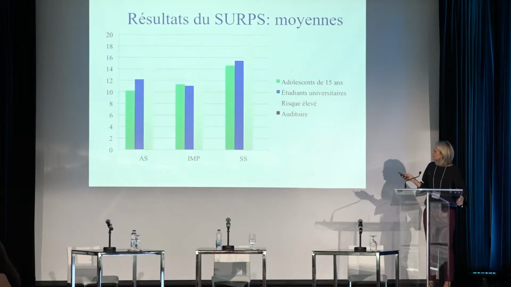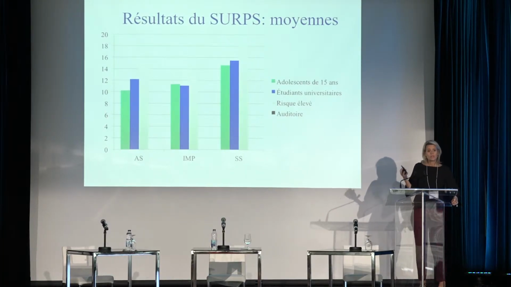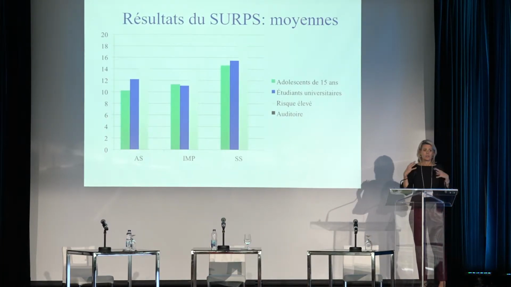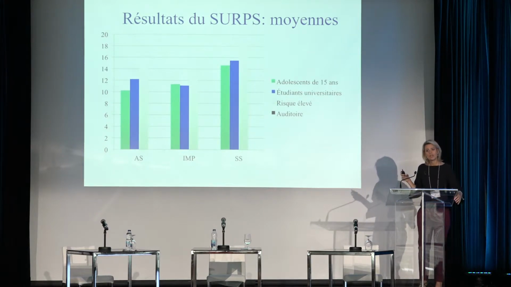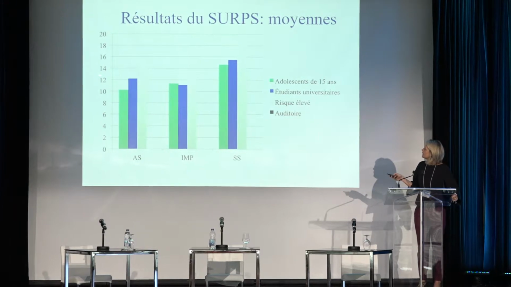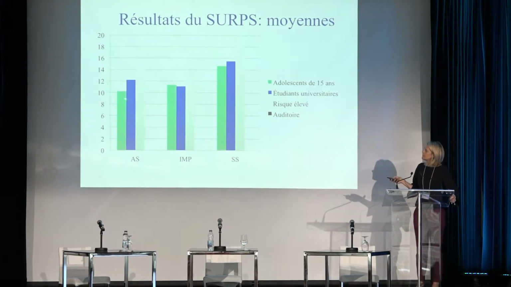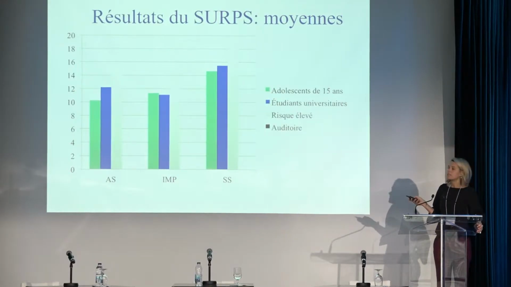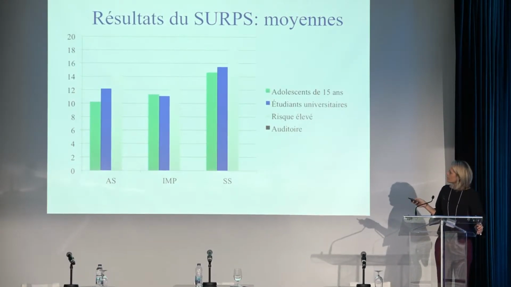So I'll get back to you with your results, but just to continue my presentation, you can see that we have standards that were established with cohorts of thousands of youth and adults. And you can see the standards here for the adolescents who are 15. We can give you also standards for adolescents who are 12 years old, university students here, averages and standards.